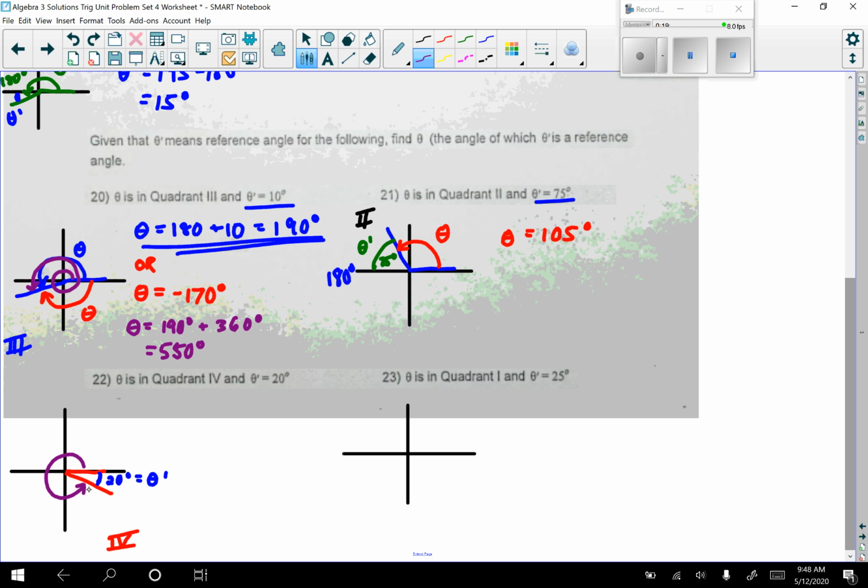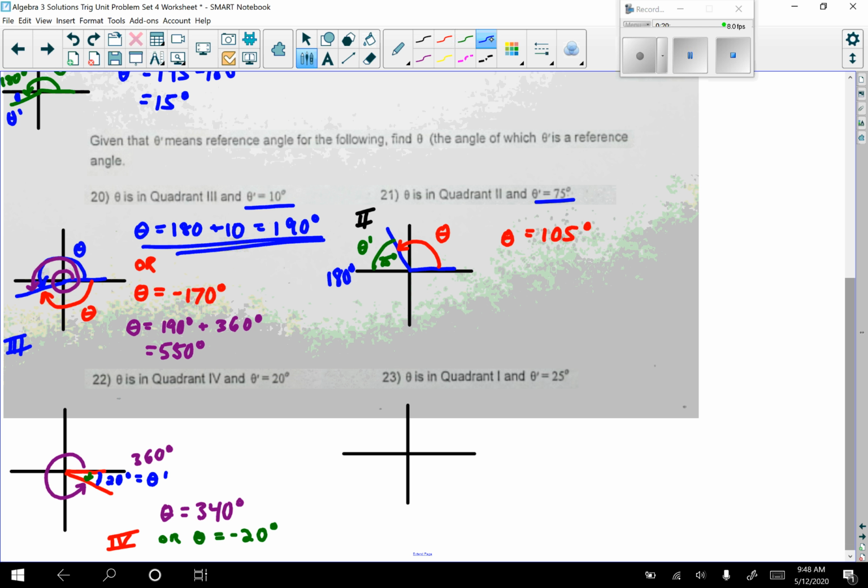If we're just 20 degrees shy of 360, that means our theta, or angle, could just measure 340 degrees. Or, in this case, pretty simple, we could just go in a clockwise rotation and say that theta could equal negative 20 degrees because we're just rotating down from that initial side in a clockwise rotation. So both of those are very easy answers to get to.